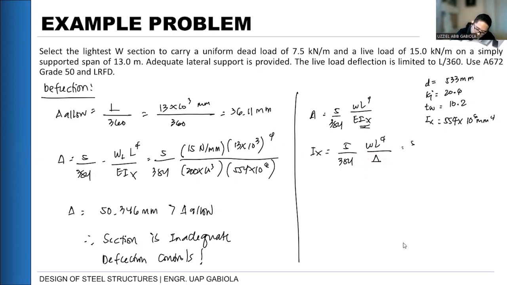So 5 over 384 times dito is 15 13 times 10 to the 3 to the fourth all over delta natin is 36.11. Okay? So, IX natin required is 5 over 384 15 times 13 times 10 times 3 to the fourth all over 36.11.